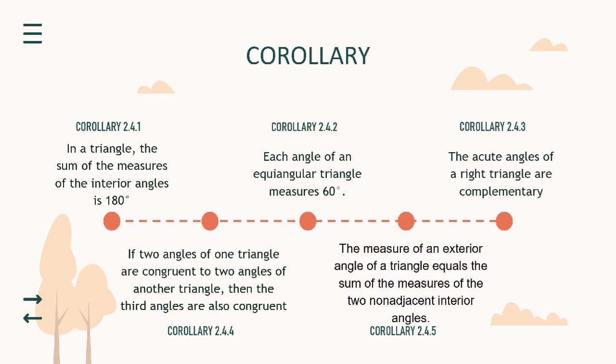Corollary 2.4.4. If two angles of one triangle are congruent to two angles of another triangle, then the third angles are also congruent. And the last, corollary 2.4.5. The measure of an exterior angle of a triangle equals the sum of the measures of the two non-adjacent interior angles.